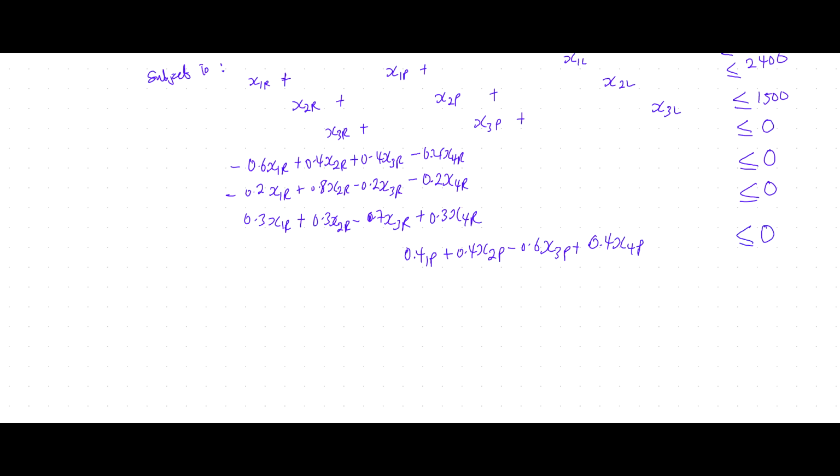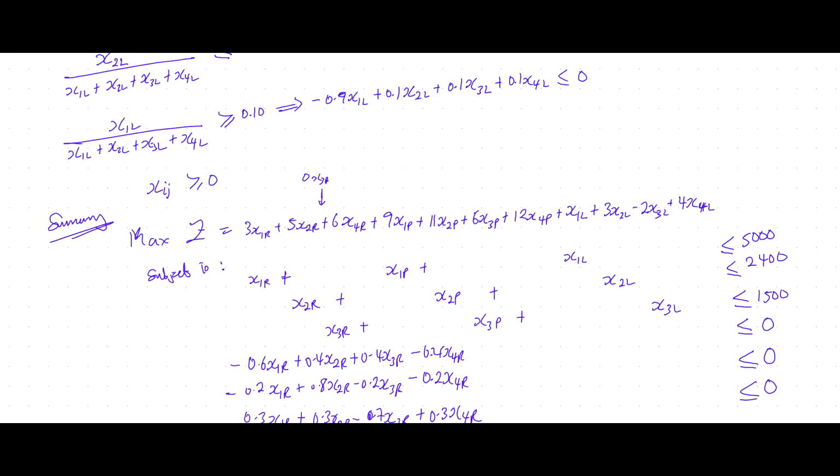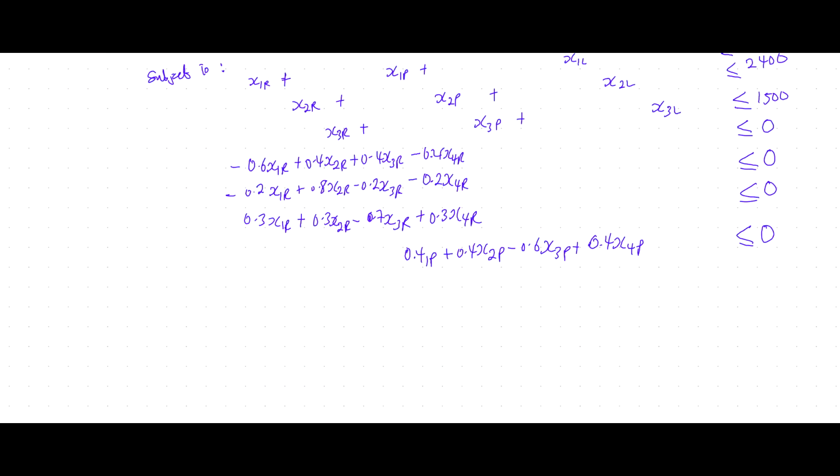Then we have negative 0.5 x1L. Okay, so 1L. So let me move it under this. Usually you want to arrange them into the various lines. I should have opened this up, but that's fine. At least you are getting the concept.